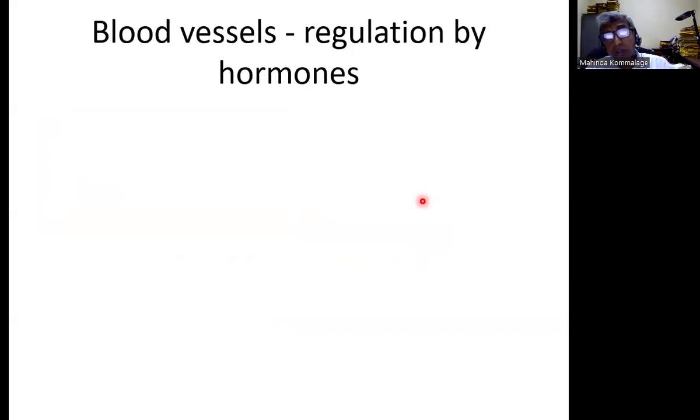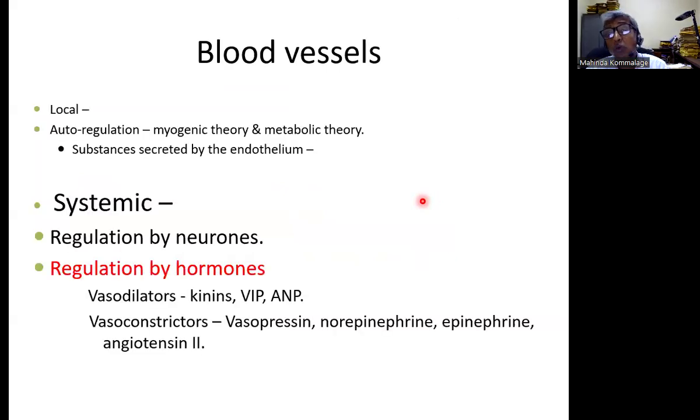So up to now, I tried to explain systemic blood vessel regulation through the autonomic nervous system, or through the neuron. Now I will move to systemic blood vessel regulation through hormones. So what are these hormones?